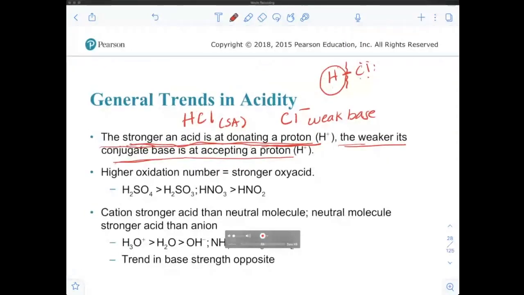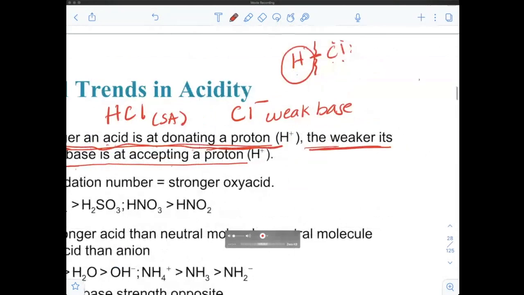Once the chloride ion is formed, it ends up being more stable, preferring to be a chloride ion. It doesn't want to combine with the hydrogen ion to form the acid again. So this is considered a weak base.